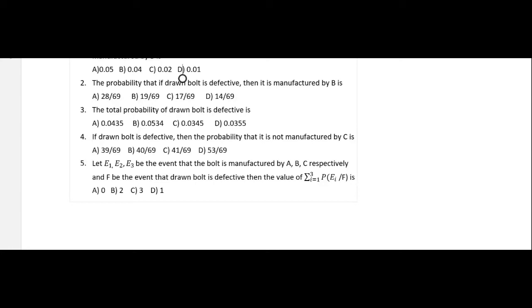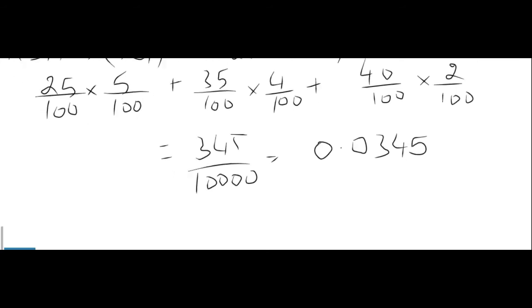All right. Now, let us quickly solve this.